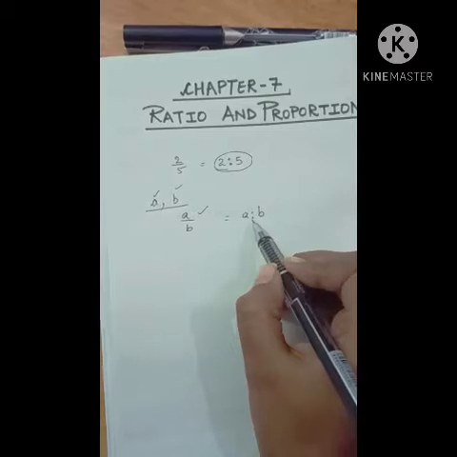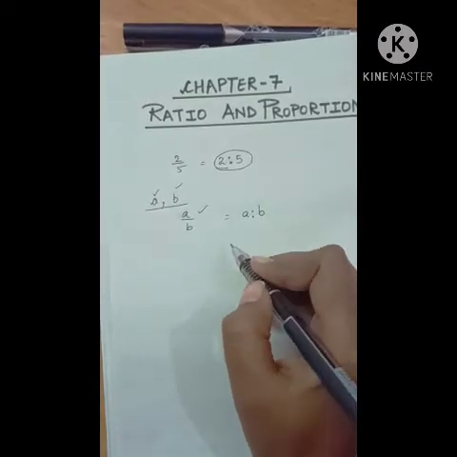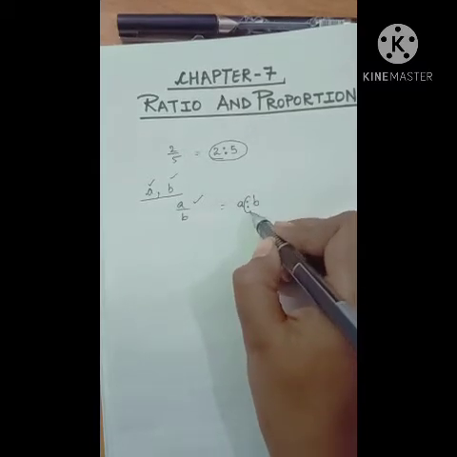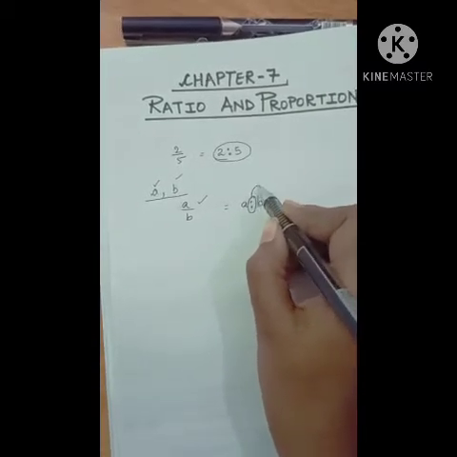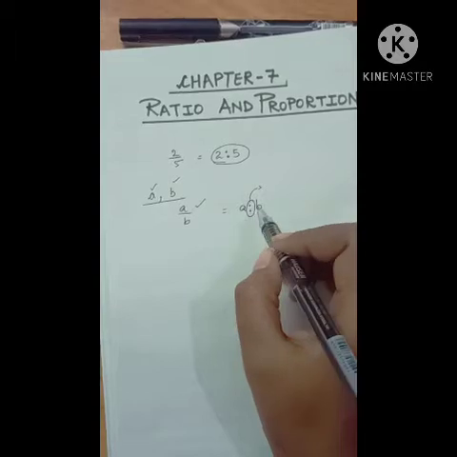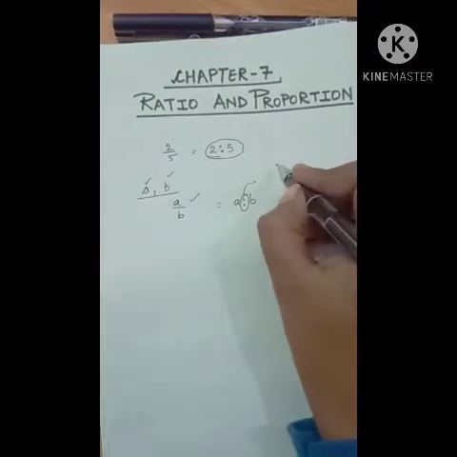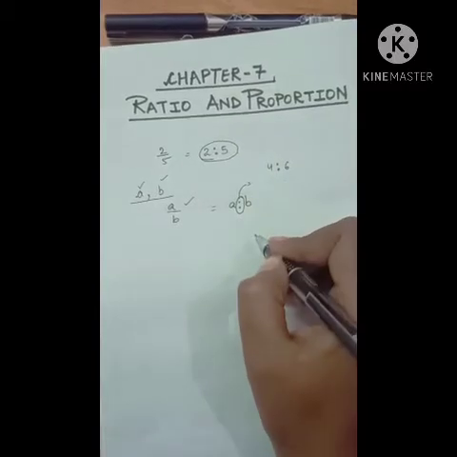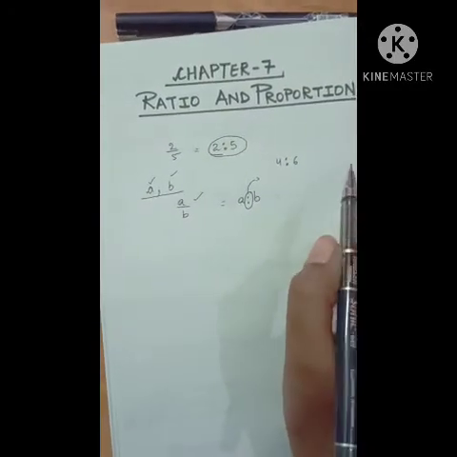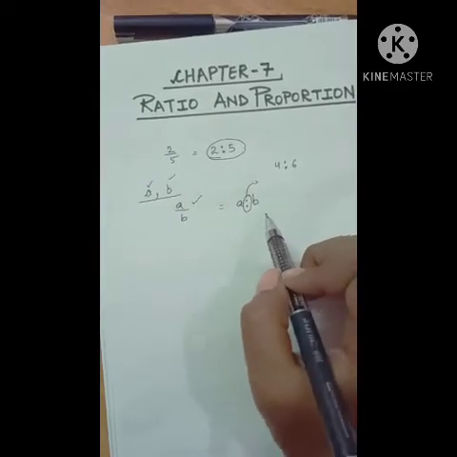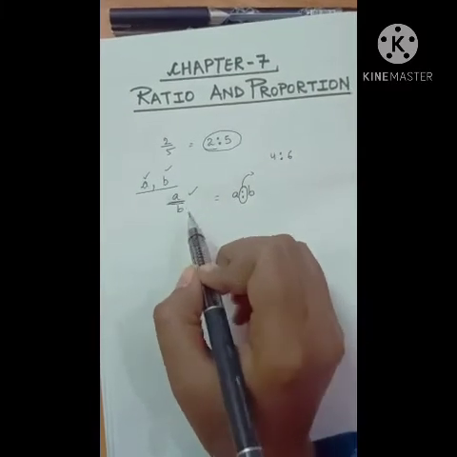A is to B. This sign is the sign of a ratio, and it is read as A is to B. 2 is to 5. 4 is to 6. So ratio is the comparison of two or more quantities of the same kind using division.